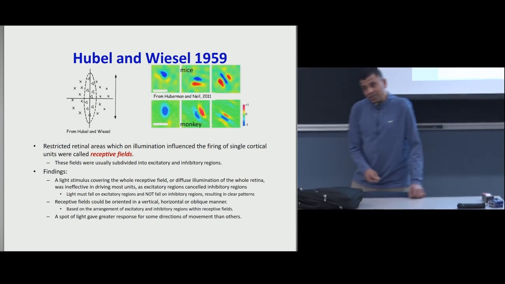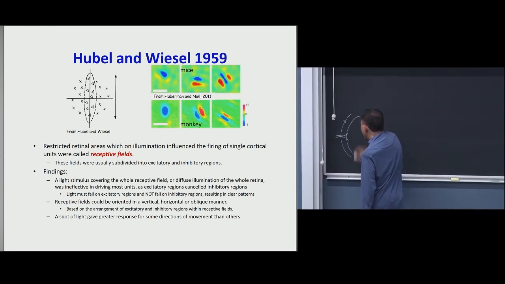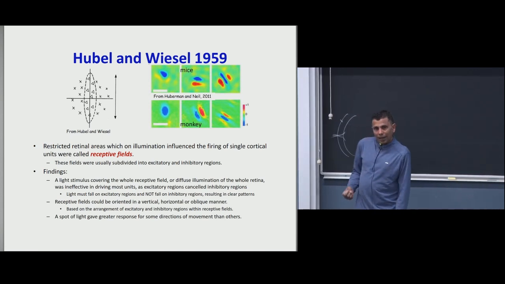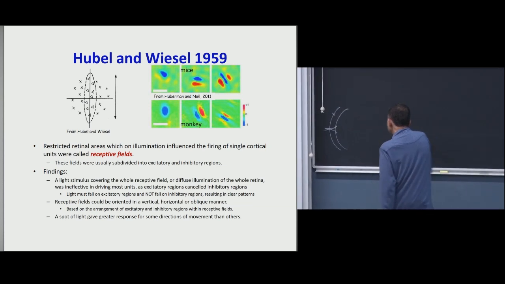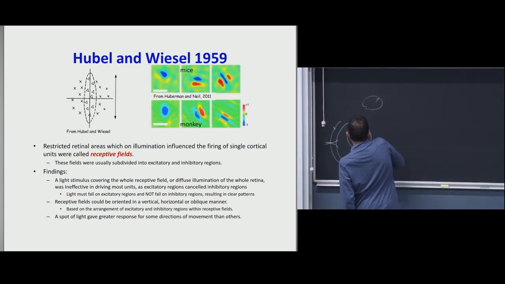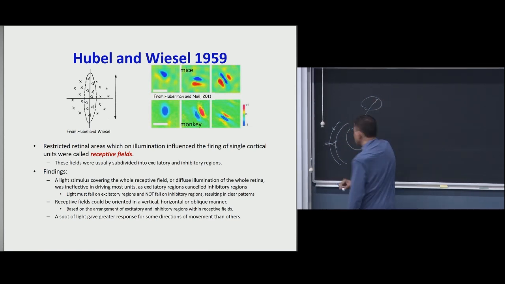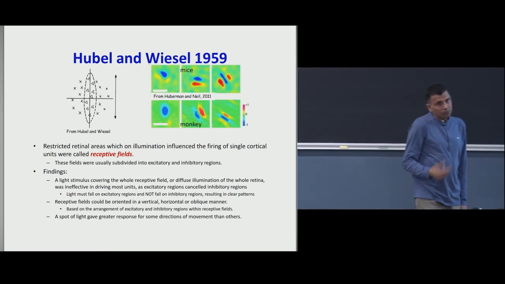Now, the first thing you find is that any particular spot in the retina actually responds to light. But then if I think of the retina as a circle, and this is the brain, any cell in the striate cortex actually responds to not just one position in the retina, but to an entire range of positions.